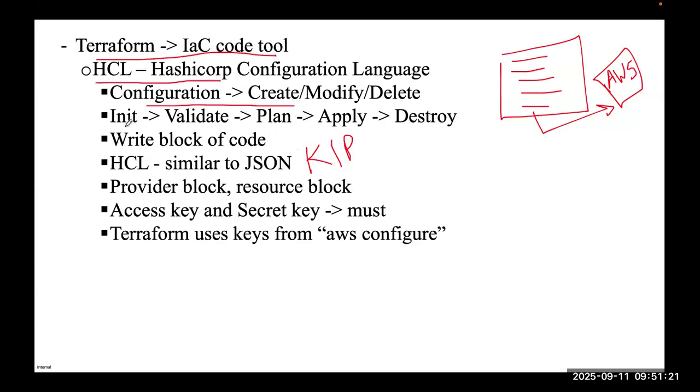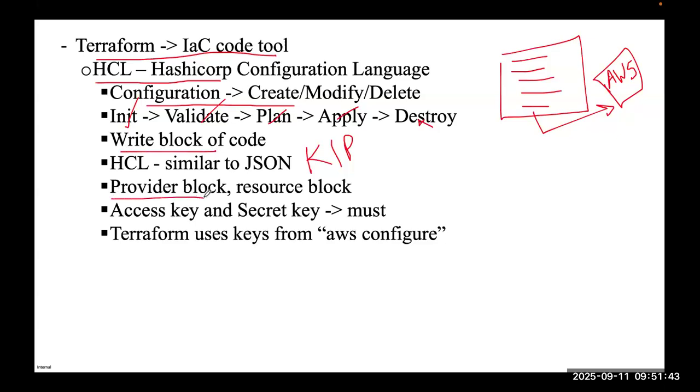The Terraform workflow has init stage, validate stage, plan stage. Apply is the one which actually creates all the resources. Destroy is the one which removes all the resources from the cloud. So you need to write a block of code in order to create resources. What are the different blocks available?